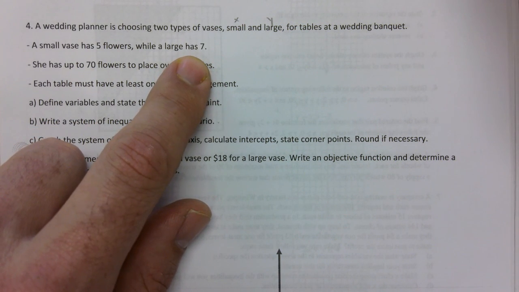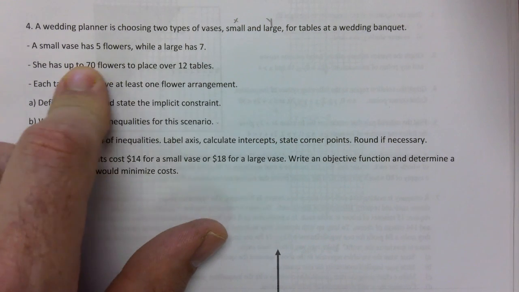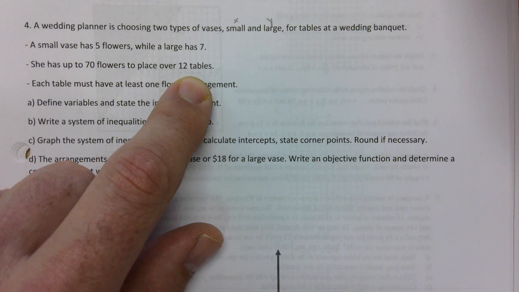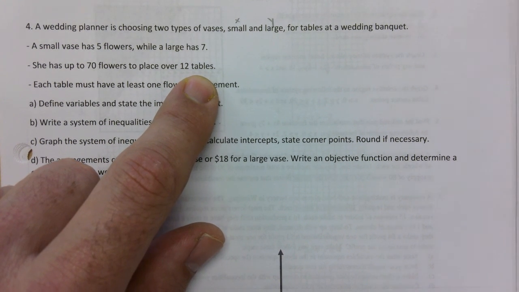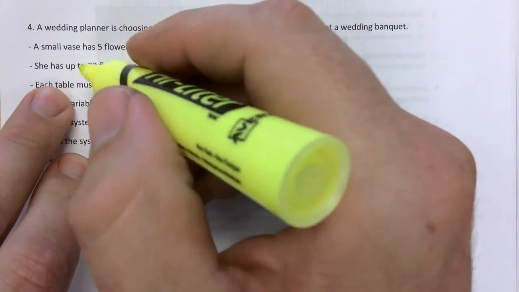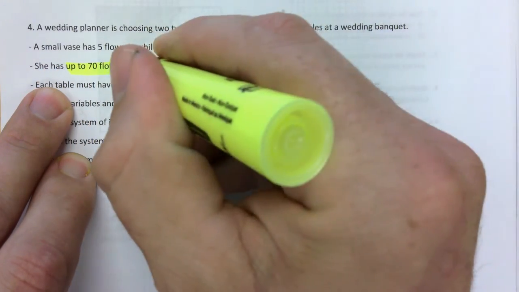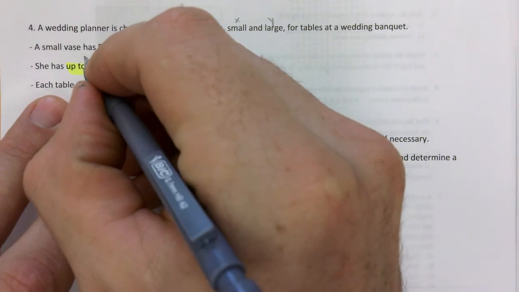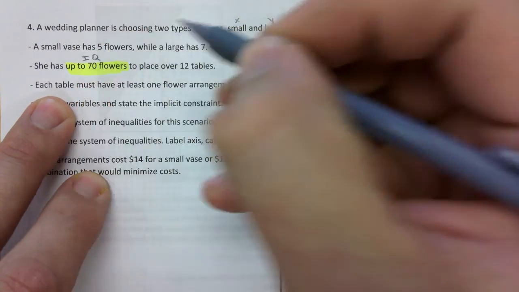It's like a fact. There's no inequality yet stated. She has up to 70 flowers to place over 12 tables. Okay, so that one is a little tricky here. Up to 70 flowers, so we know for sure that is an inequality right there.